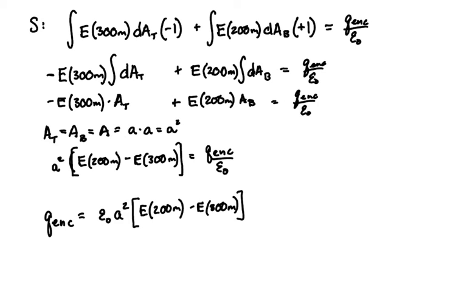That's a difference of 40 newtons per coulomb. And so we get a solution of 3.54 times 10 to the negative 6 coulombs, or 3.54 microcoulombs. Either one works.